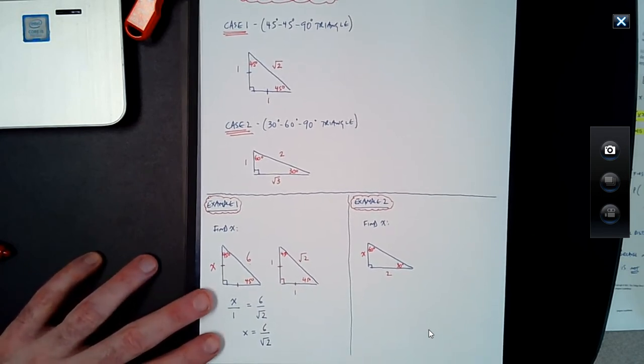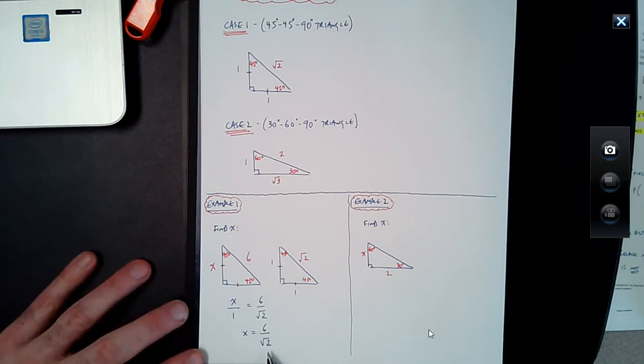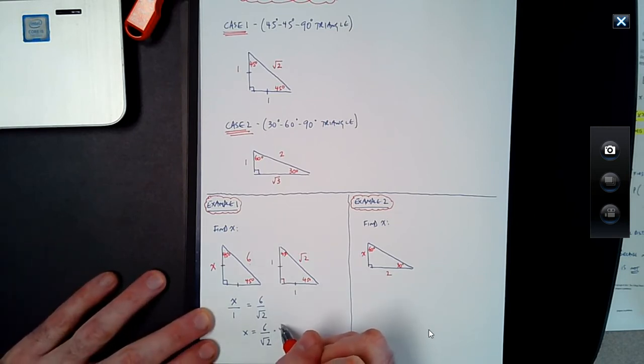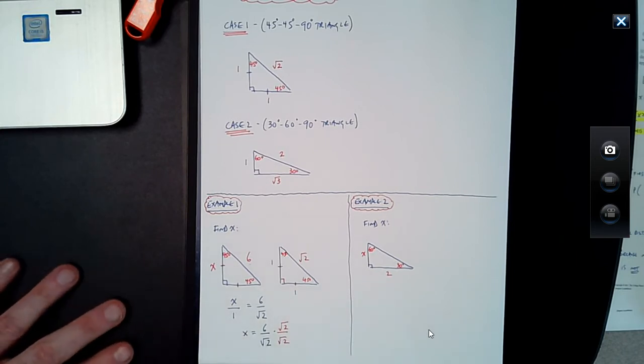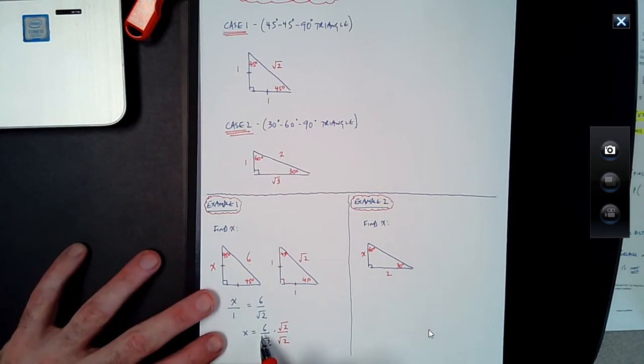Now, when you do the Delta Math questions, or in fact, if you ever do any SAT questions, things like that, they never want a radical on the bottom. So to get around that, we do something called rationalizing the denominator, which means I multiply the top and the bottom by that denominator of the square root of 2. So what we get is 6 times the square root of 2 is just 6 square root 2.